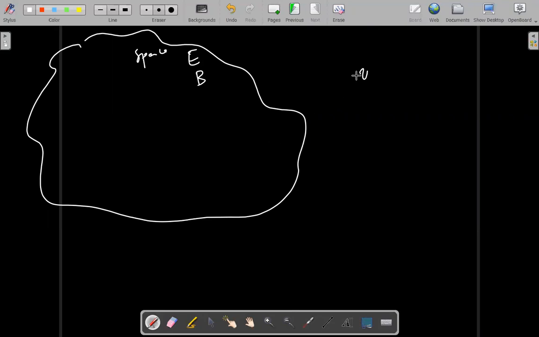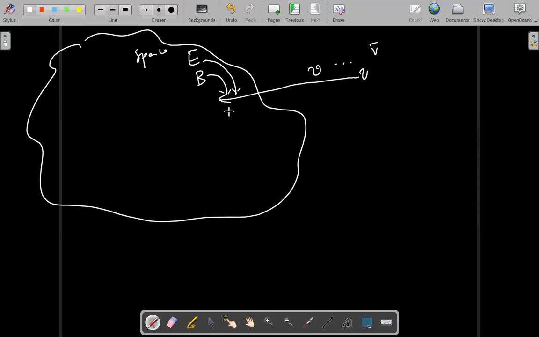This charge starts moving at a velocity v, or you can say v bar, the velocity vector, in this field. So now both the magnetic force and the electric force act on it, because both fields are present.